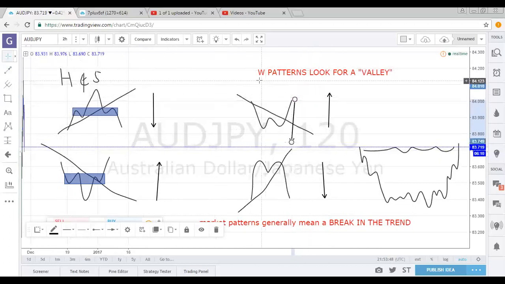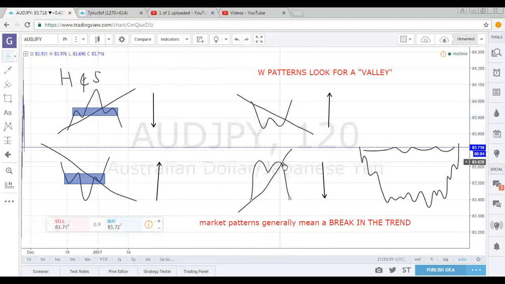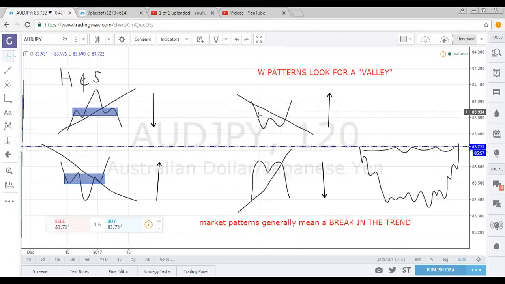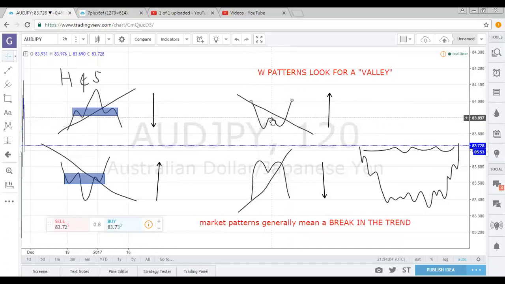You have to watch price action, and you have to know that not everything is 100%. Okay, so the W is just retesting for the 100%, and you usually get that 50% retracement up, and then it cannot break the support line.